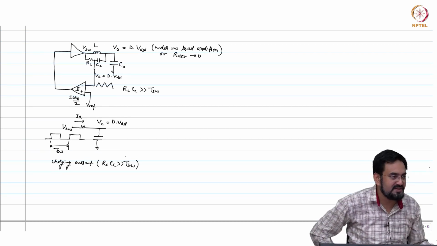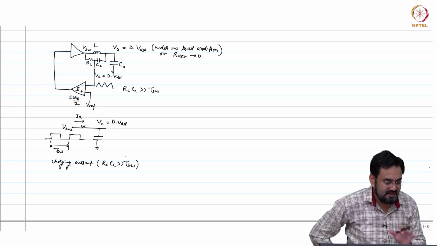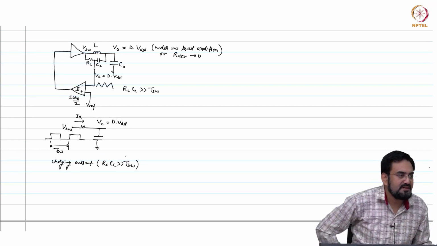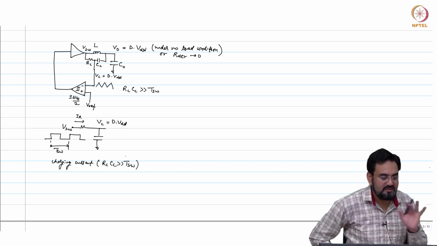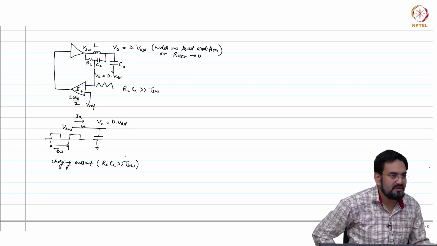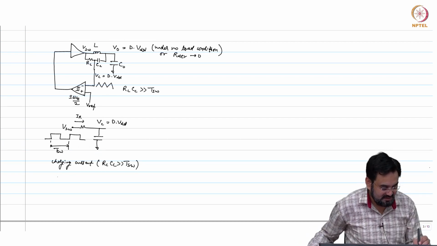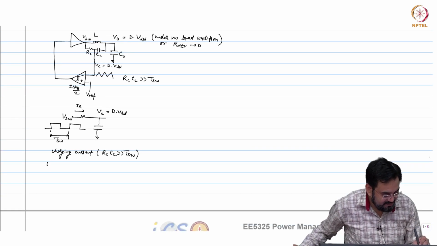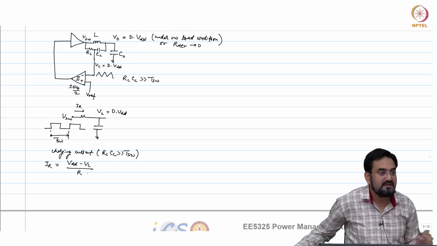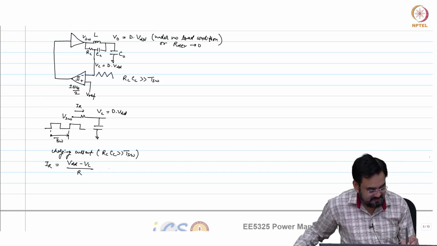So you can always assume that the current in the resistor will only be affected by VSW, not due to the change in Vc, because that is a small signal change. So IR equals VDD minus Vc over R during on time.